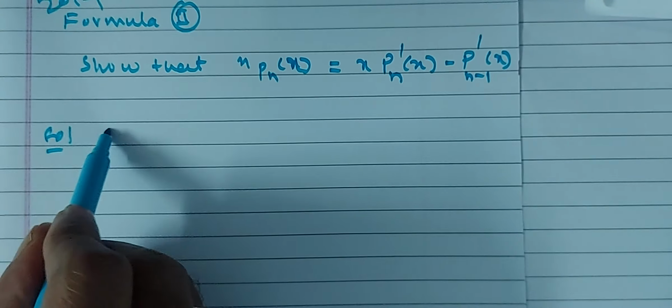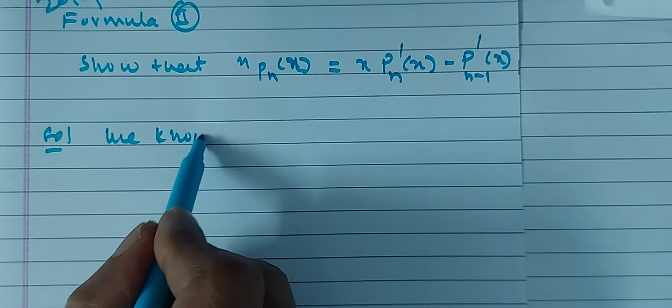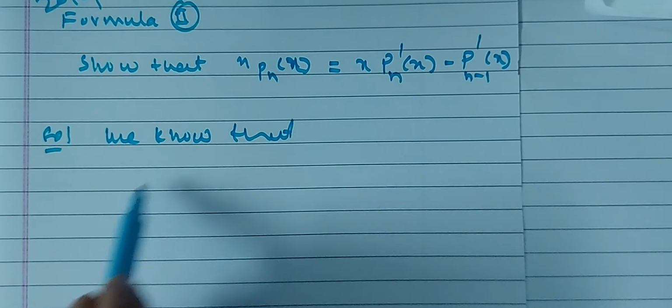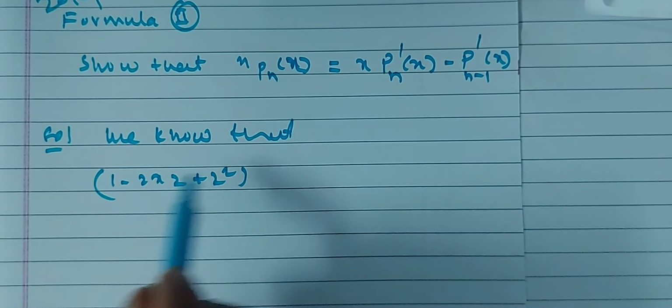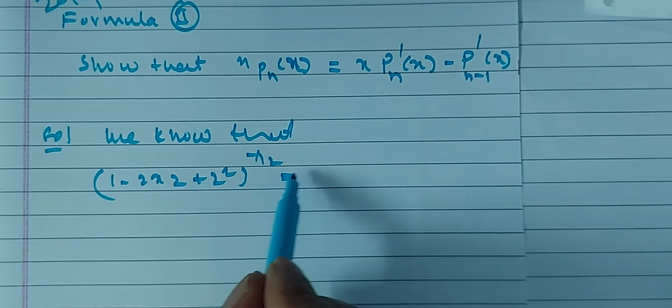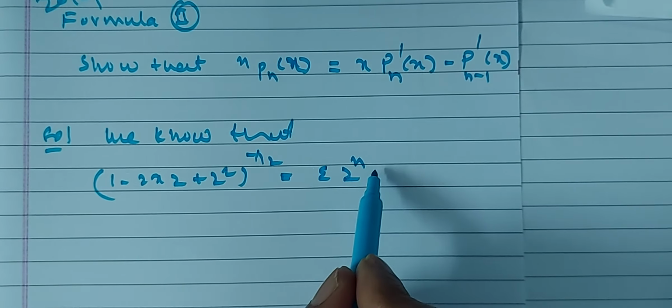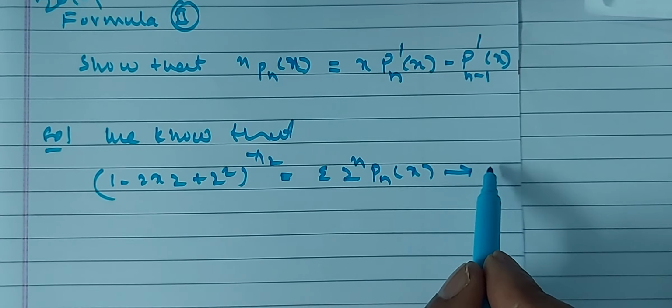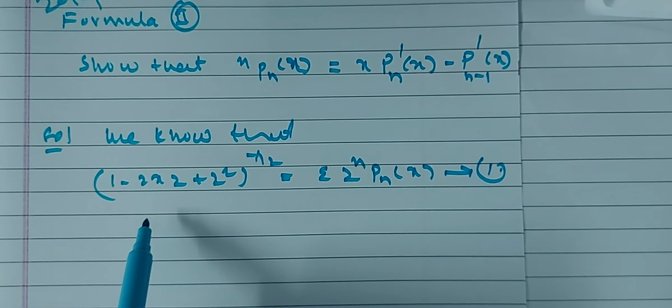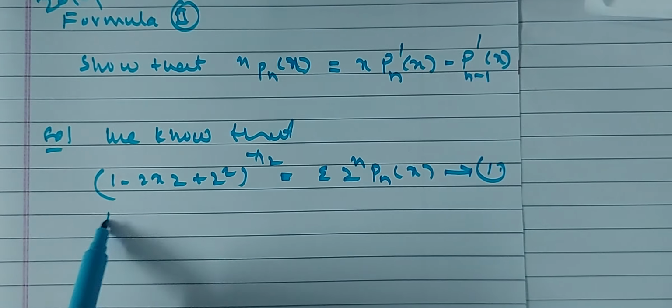We know that (1 minus 2xz plus z square) to the power of minus 1 by 2 is equal to sigma z power n Pn of x. This is the generating function. Differentiate with respect to z.